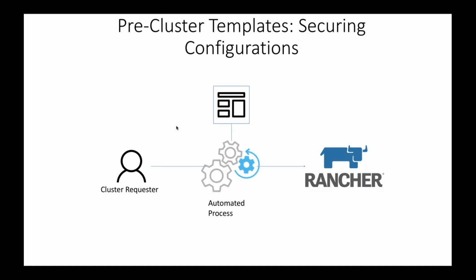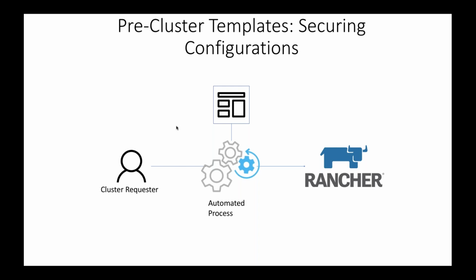Before cluster templates, if you wanted to secure these configurations, typically a cluster requester would request these clusters from an automated process. That automated process would use some configuration that's been distilled down by your DevOps team and your security team as to what the cluster needs to look like, and then that would interact with Rancher. There was some risk in certain circumstances where customers just didn't want to give the end user that much control and flexibility.